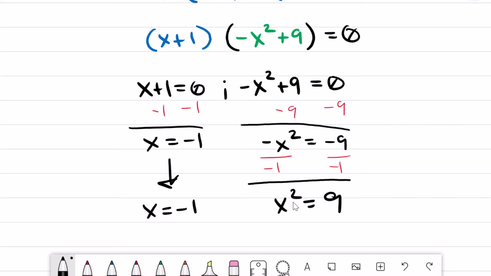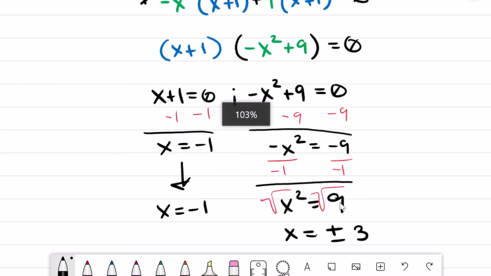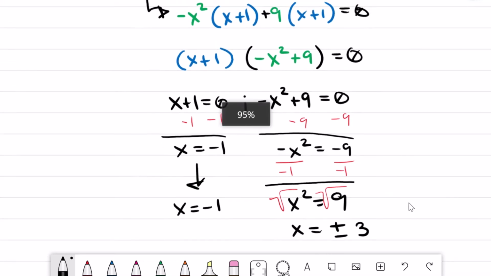And then if you remember from the previous video, in order to get rid of a power, you have to do the inverse and move it to the other side. Since here we have the power of 2, the inverse of the power of 2 is taking the square root on both sides. And that is going to give me x is equal to plus or minus 3, because fortunately in this case 9 is a perfect square, so we can take the square root, which is 3.